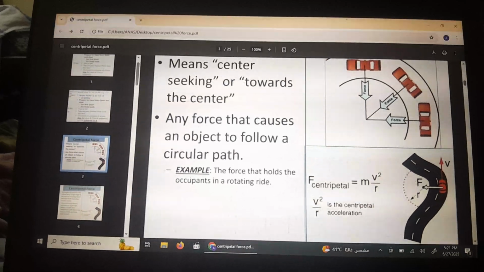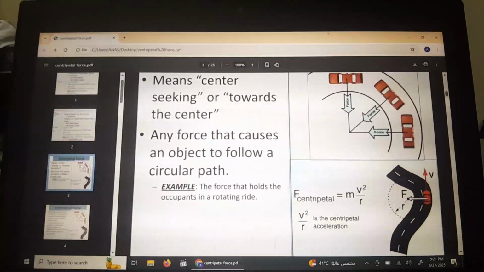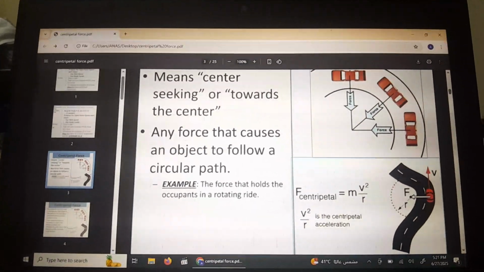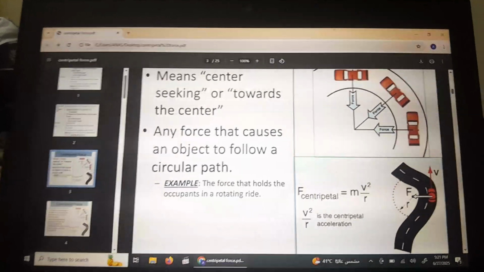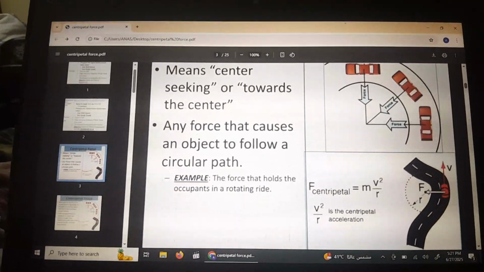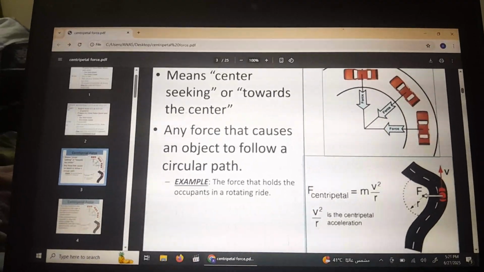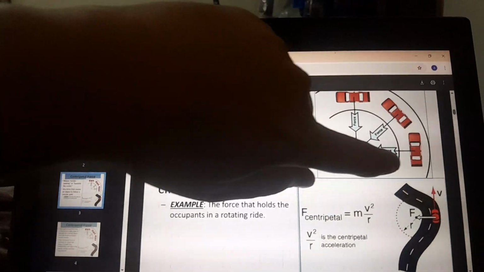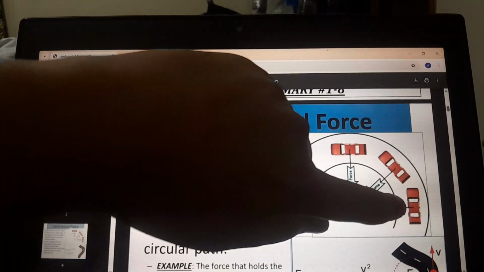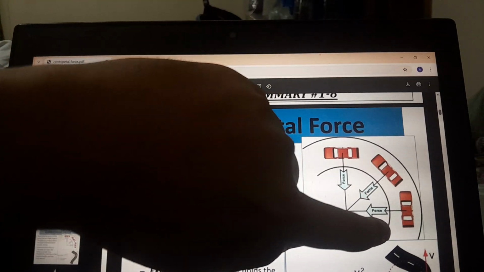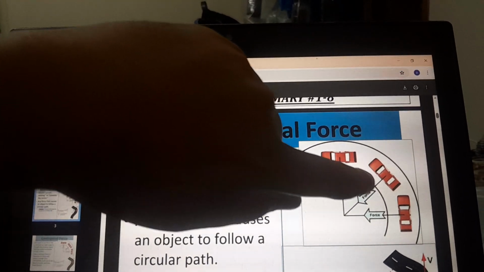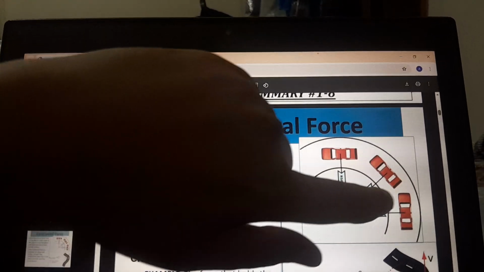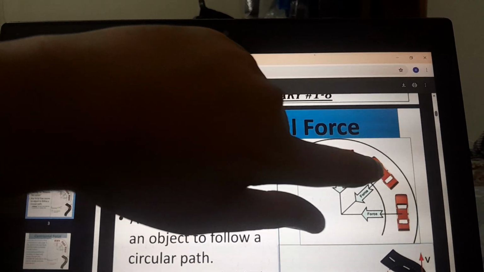Let's start with circular motion. First of all, what is circular motion? Circular motion is when an object moves along a circular path. This is the car, and when it is moving in a circle, even if the speed is constant, the direction of the object is changing at every point along the circular path.